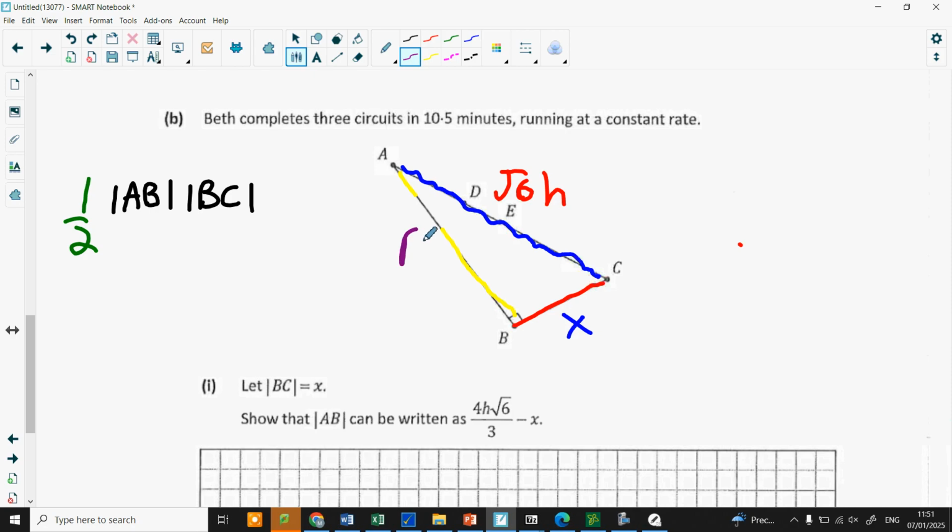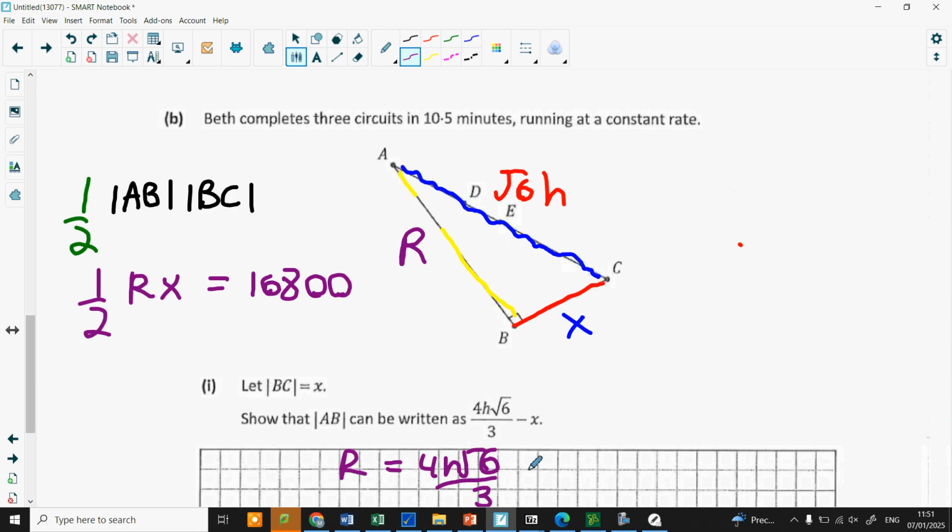Now, what we're doing here, guys, is, if it's a right angle triangle, I'm thinking I could do Pythagoras here. I could do root 6h squared equals R squared plus X squared. You happy with that? That's going to be 6h squared equals R squared plus X squared.